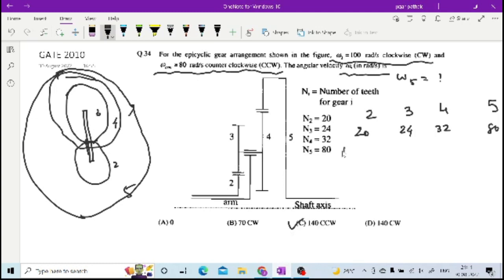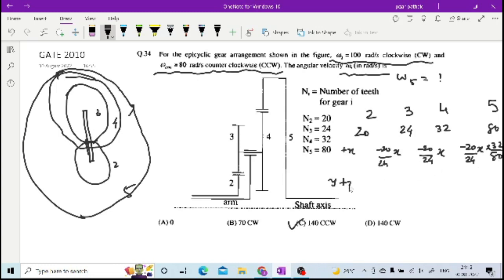So here again you can go by the same: plus x, then minus 20 by 24 into x, then 3 and 4 are on the same shaft, so again minus 20 by 24 into x, and then when it transmits power to 5, that sign will not change, minus 20 by 24 into x into again driver upon driven, that is 32 by 80, and then you have to add y.